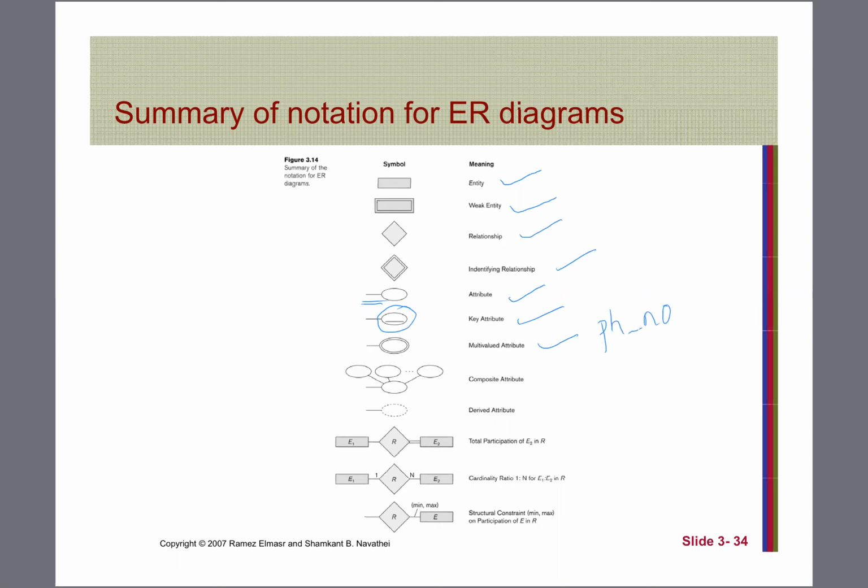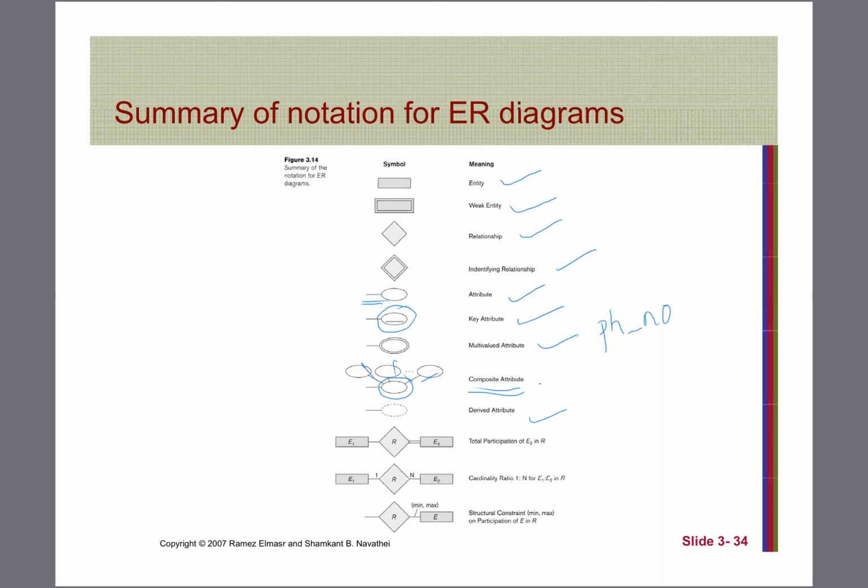So the attribute might be having a lot of values for one particular person. That is multi-valued. Then you have a composite attribute, wherein you join to that attribute the different sub-attributes. Then that is known as a composite attribute. A derived attribute is shown with the help of dotted lines.